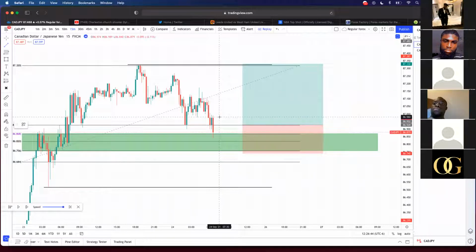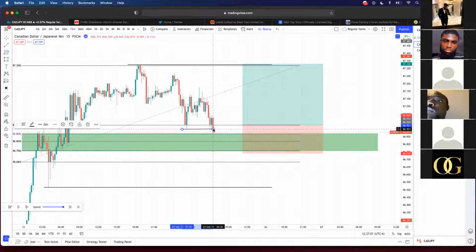Remember, smart money or the banks would always give you false hope. If you notice right here, there were equal lows. And what did they do? They sold and took out the equal lows. When you see something like this, let's say I took this first entry and my stop loss was down here.